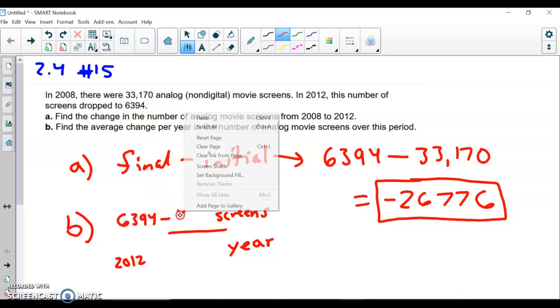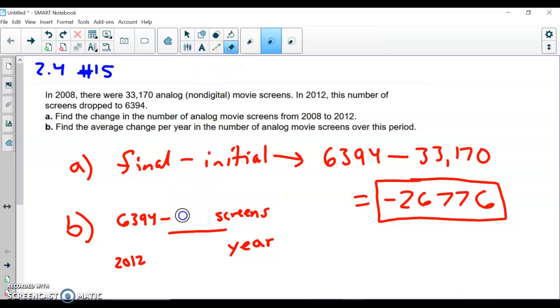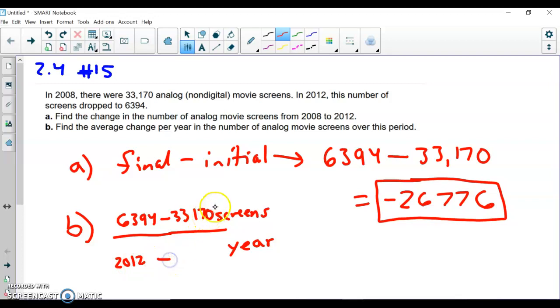It was 33,170. So we're finding a difference in the screens per, talking years. So this 6,394 was 2012, and we're doing minus the year corresponding to the 33,170. Well, that was 2008.